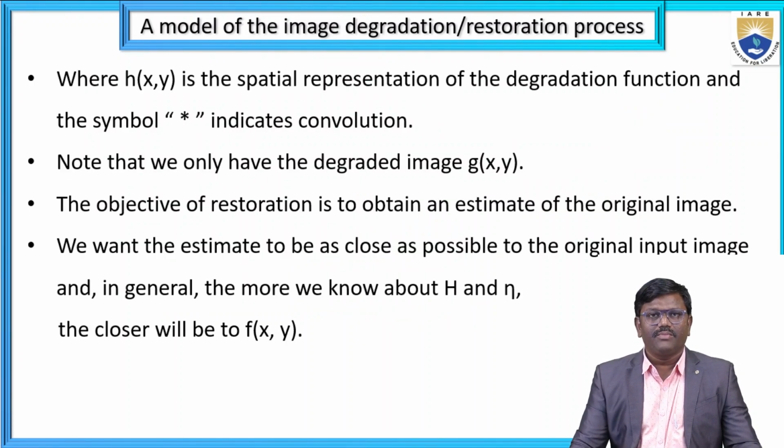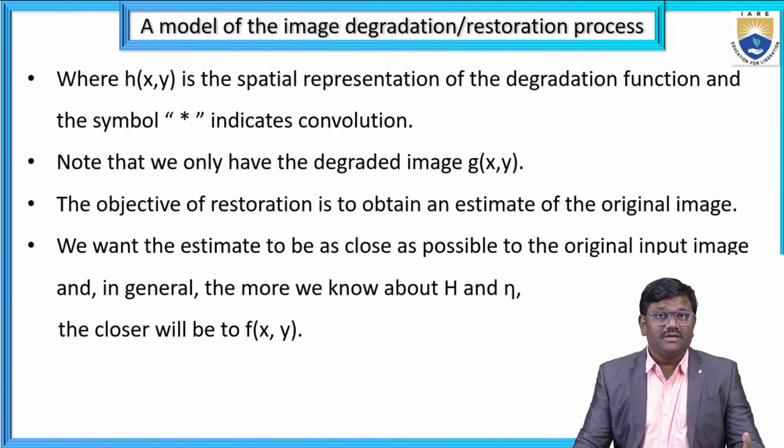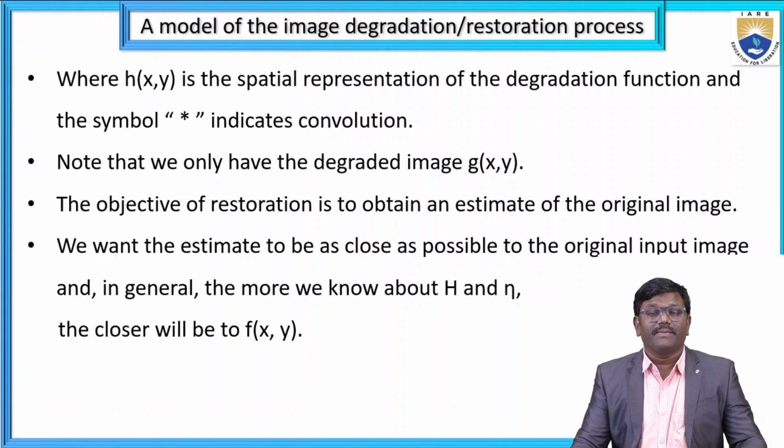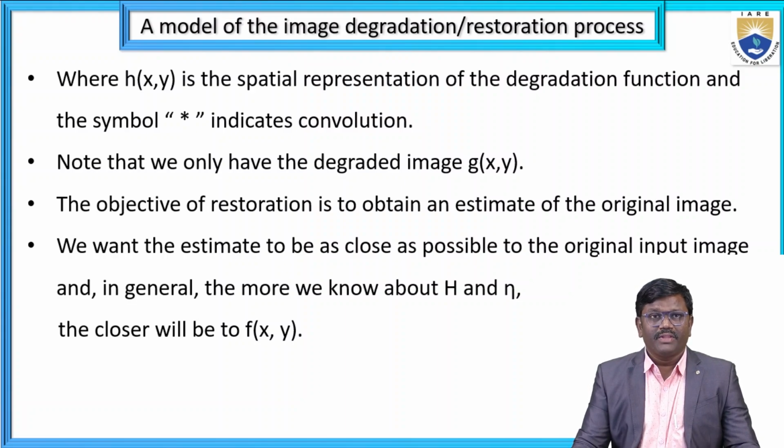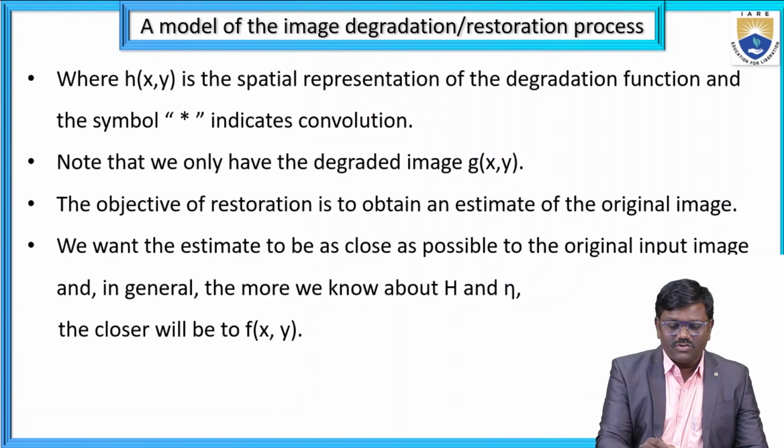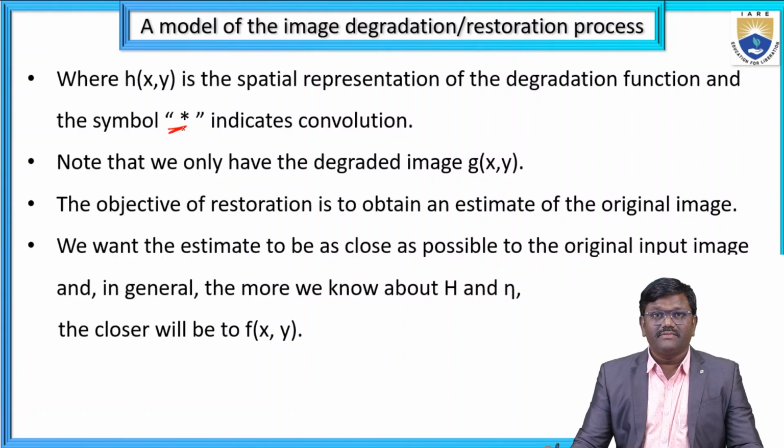Here h of x comma y is the spatial representation of the degradation function, and the symbol star indicates convolution. Note that we only have the degraded image, which is g of x comma y.